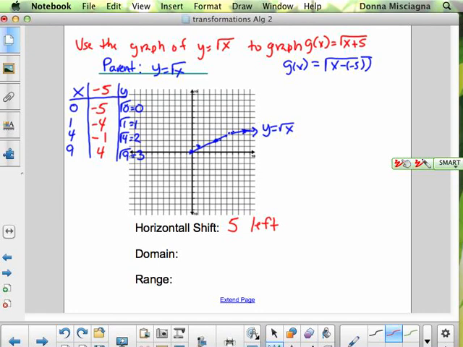So now this is going to be our new x, and this is our y. So we have negative 5, 0. We have negative 4, 1. Negative 1, 2. So notice no negatives on the y's. That's because you take a square root, you get a positive number. And 4, 3.